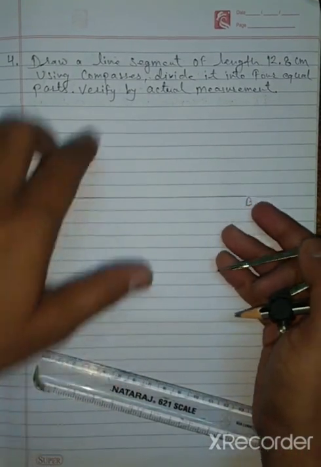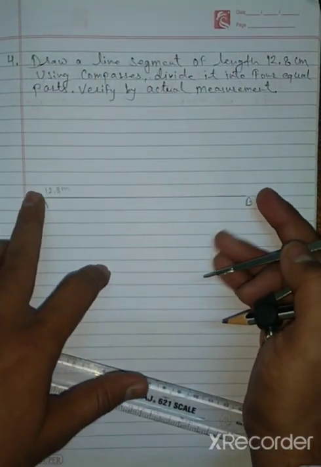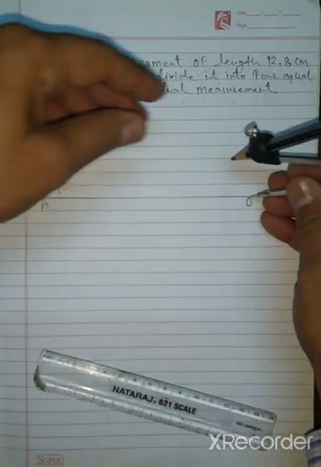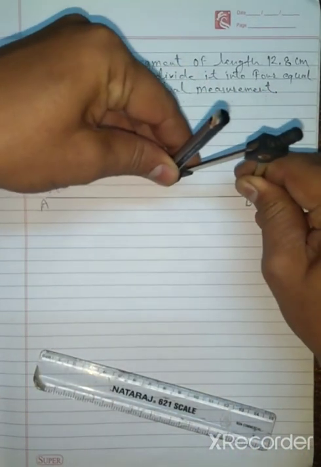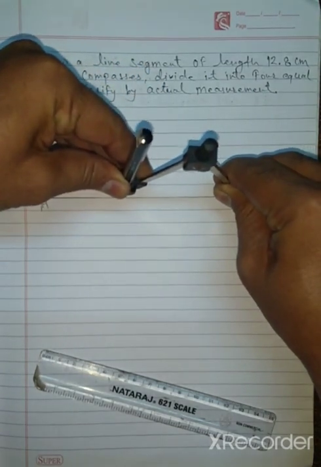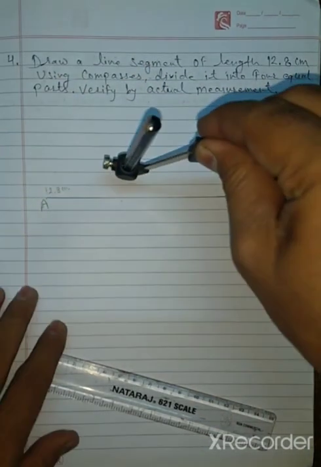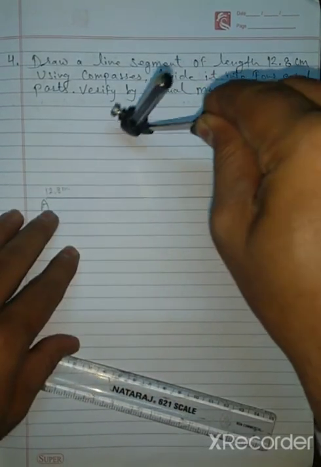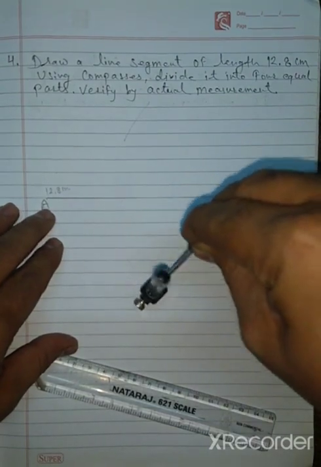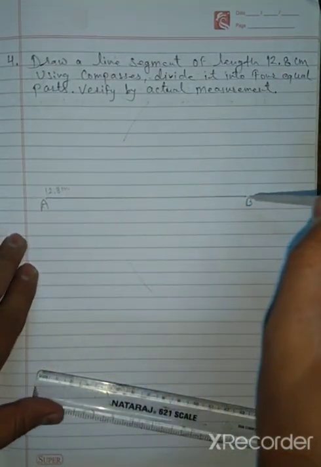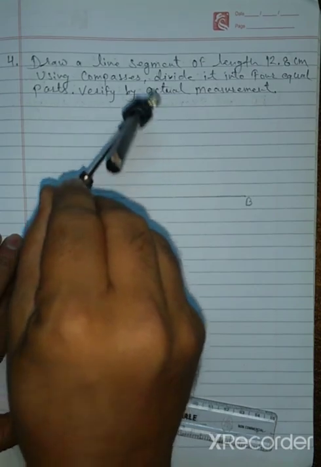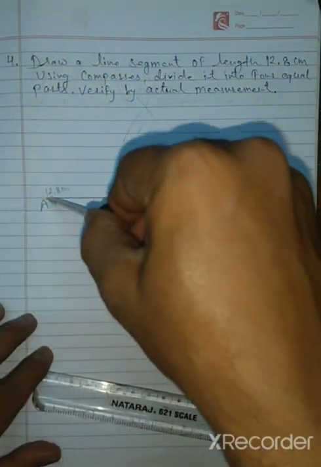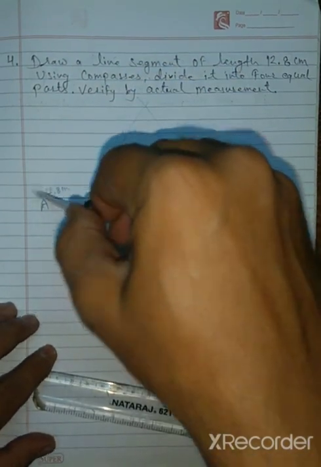Now we have to divide it into 4 equal parts. So first of all we will divide it into 2 equal parts with the help of a perpendicular bisector. To make a perpendicular bisector we will open this compass more than half, like this. Cut an arc here and here with B as a center, and with A as a center we will again cut an arc here and here.